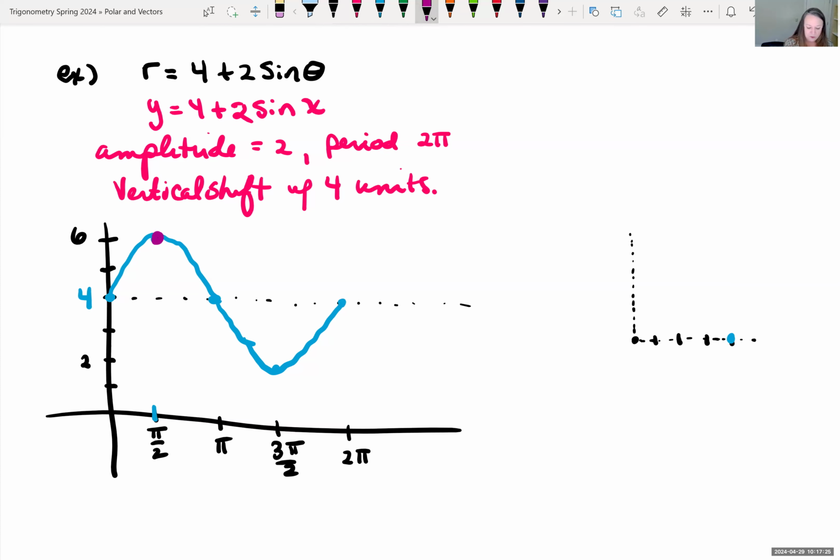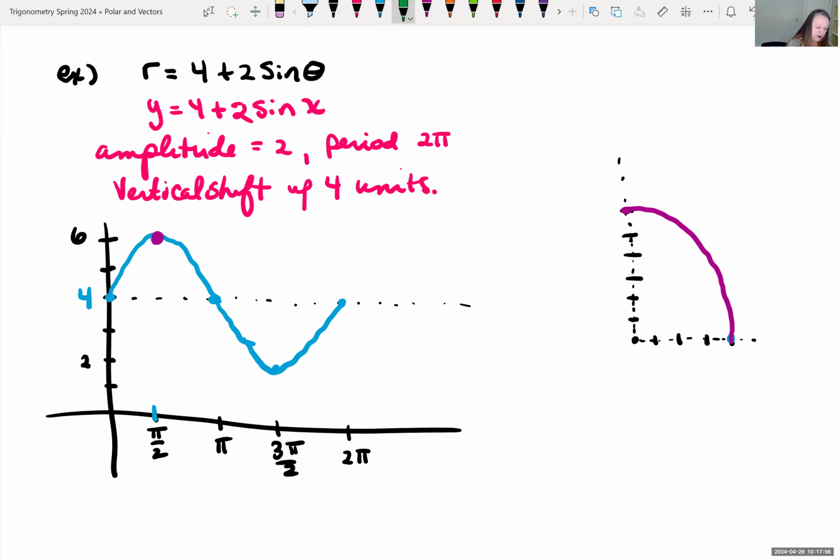So I'm going to take this point and I'm going to increase till I get to pi halves. I'm going to get a 6. So I'm going to go up 6 units from here. Okay, so I'm going to increase here until I get to 6.